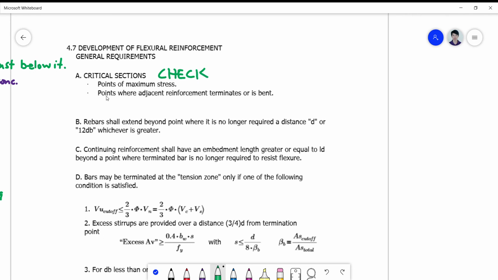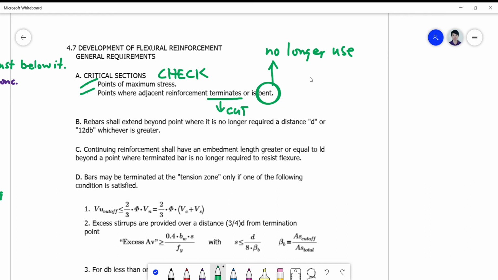And what are the critical sections? The critical sections are the points of maximum stress and the points where adjacent reinforcement terminates or is bent. Normally we do not bend it, so this is no longer used nowadays, especially in the Philippines. What we do is we terminate or simply cut it.